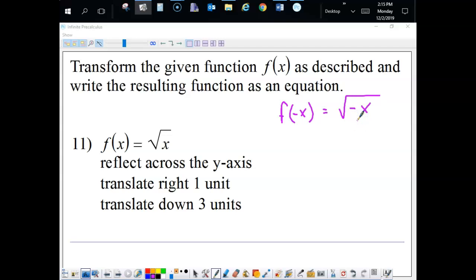So now that negative is going to go inside the square root as well. Translate to the right 1 unit. What's translating to the right going to do? Minus. Well, like we do -1, right? And is it inside or outside? So it's x minus 1 on the inside.